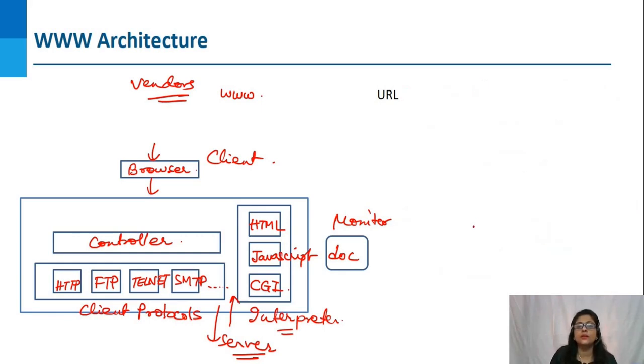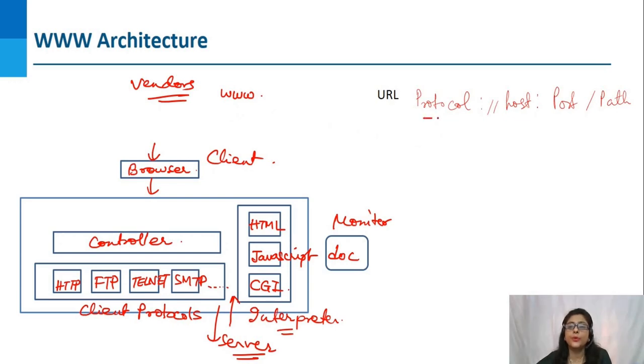Now let's look at the writing of URL. How do you write the URL? Basically, you have to write the protocol here. Either it is HTTP, which is the most common protocol that is used, or it can also be FTP, which is seldom used. And after writing the protocol, you have to give the colon, then backslash, and then you give the host name.